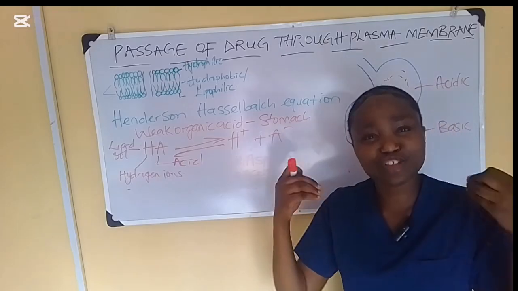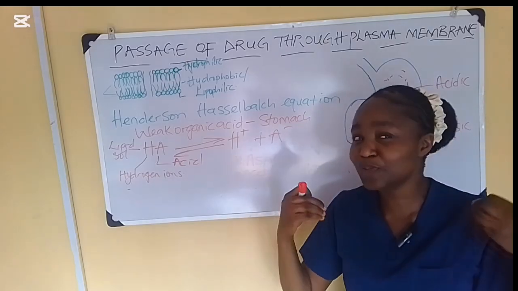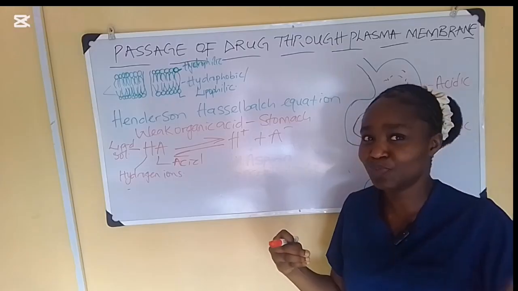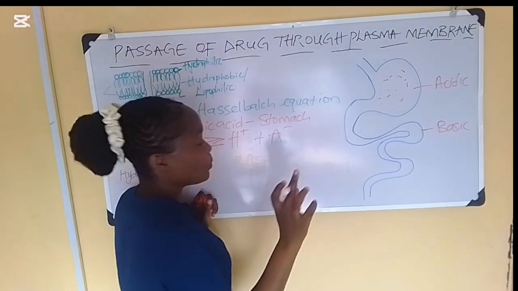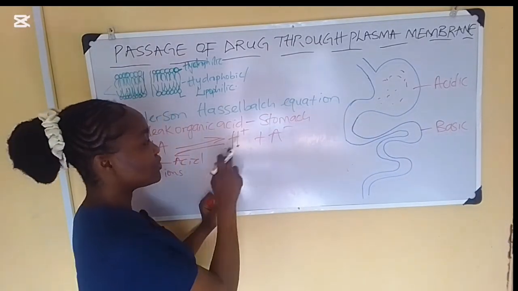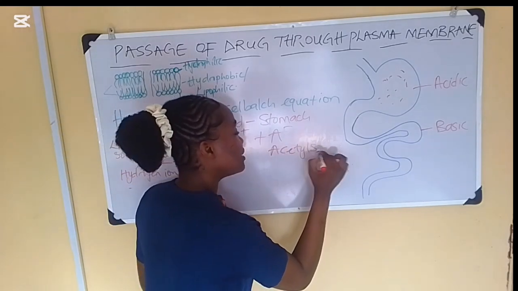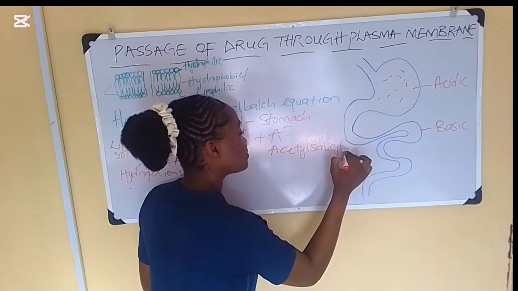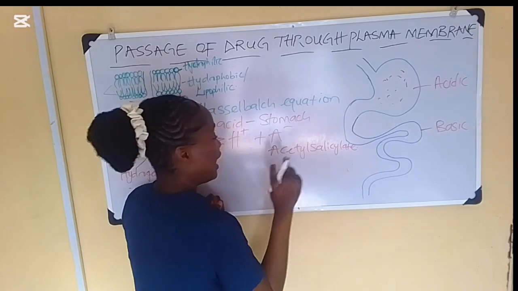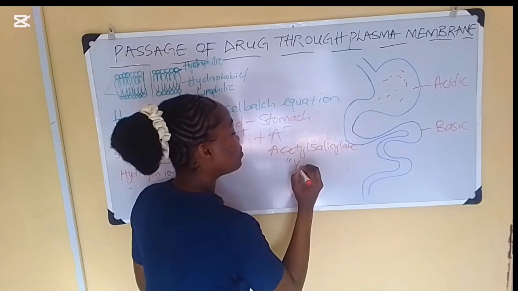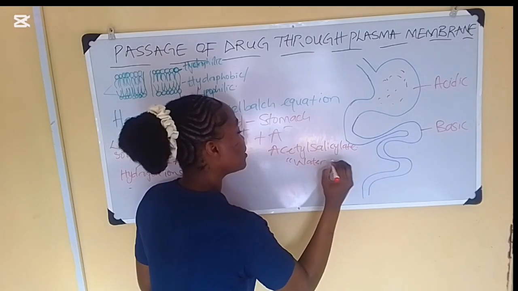Remember, we want our drug to be in a lipid-soluble form, to be able to cross past membranes. So when the acetylsalicylic acid loses some hydrogen ions, it becomes the acetylsalicylate, and in this form, it is no longer lipid soluble, but it is water soluble.